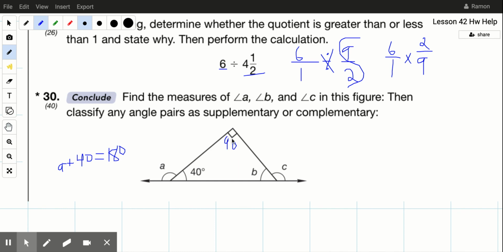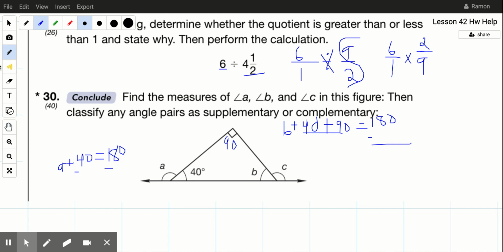Well, this is already 90 degrees. So B plus 40 plus 90 is equal to 180 degrees. Okay, that's not that bad. So we can solve for B that way by adding these two and subtracting them from 180. We can find A by subtracting 40 from both sides, and that'll give you A.